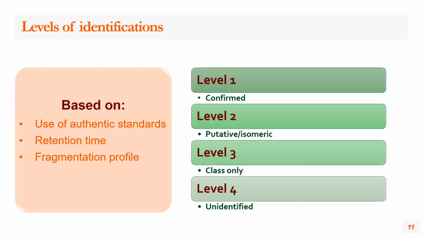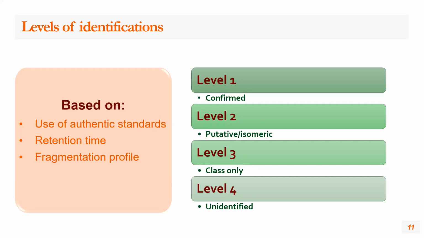Accordingly, there are different levels of identification if we want to do identification. Sometimes we don't have the authentic standards. Retention time is tricky. People have different separation methods, and you cannot just compare the retention times of different peaks. And also how the compound is fragmented and you put the puzzle pieces together is tricky to figure out.